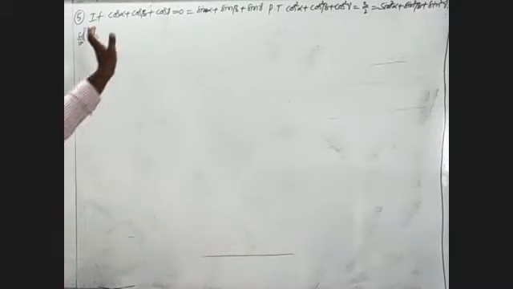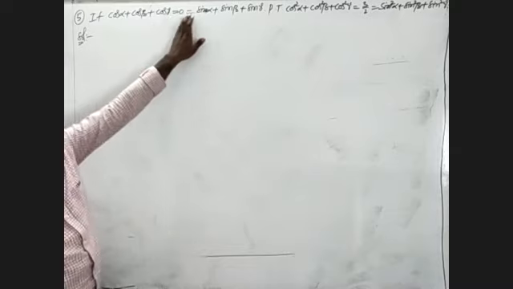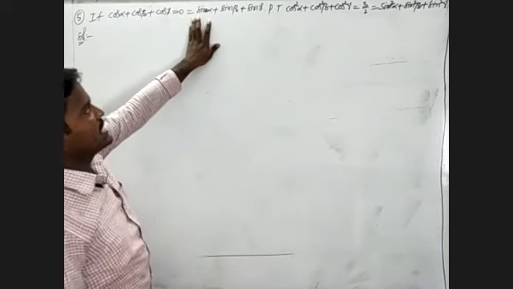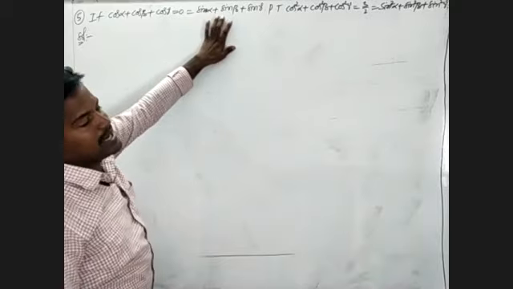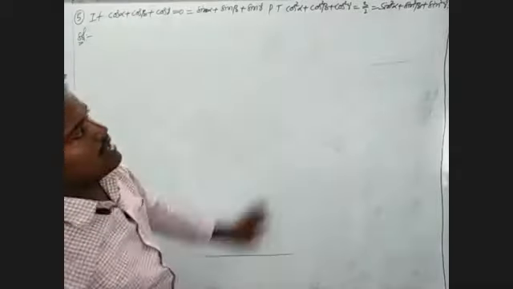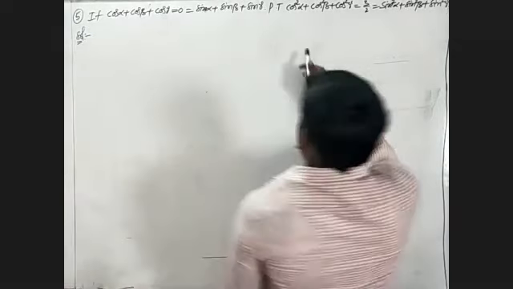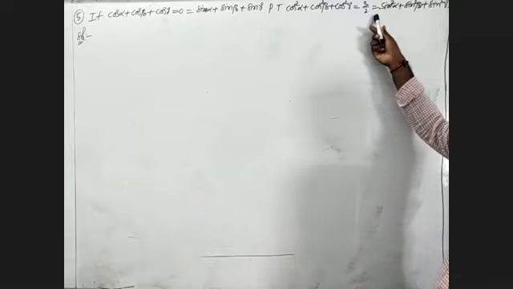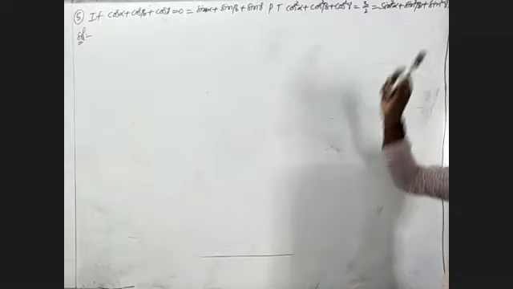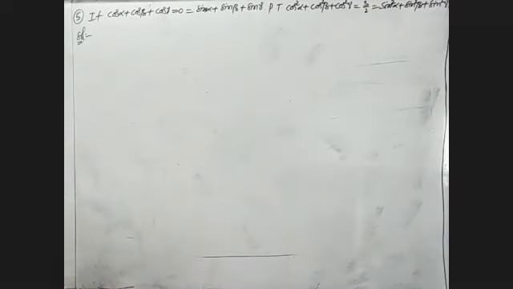We will observe what the given condition is here: cos alpha plus cos beta plus cos gamma is equal to 0, as well as equal to sin alpha plus sin beta plus sin gamma. And we will prove that cos square alpha plus cos square beta plus cos square gamma is equal to 3 by 2 sin square alpha plus sin square beta plus sin square gamma.